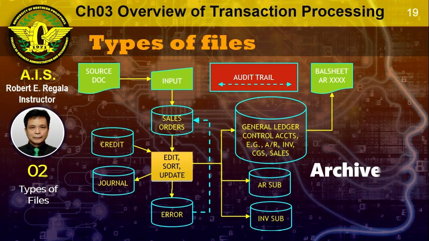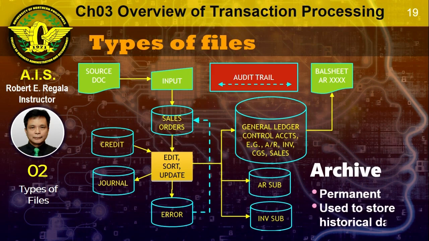Archive files. Archive files are the equivalent of the journals in a traditional manual system. They contain records of past transactions or historical data that are retained for future reference. These transactions form an important part of the audit trail.